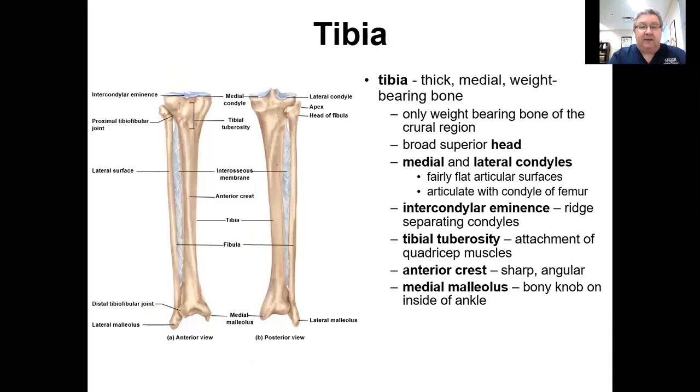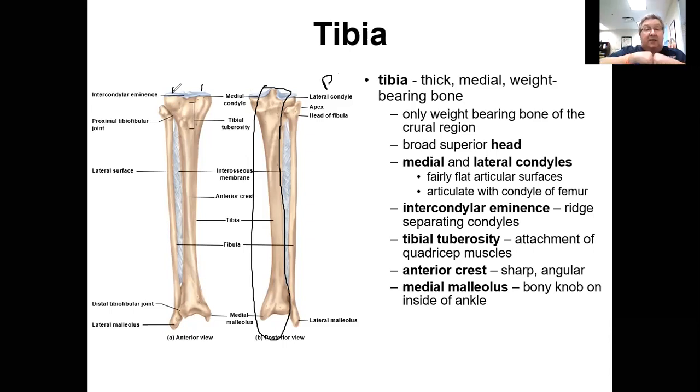The tibia is that thick bone. This is a thick weight-bearing bone. Okay. The tibia is this bone right here, the big, thick one. On the proximal end, we have medial and lateral condyles. Those medial and lateral condyles of the tibia articulate with the medial and lateral condyles of the femur.